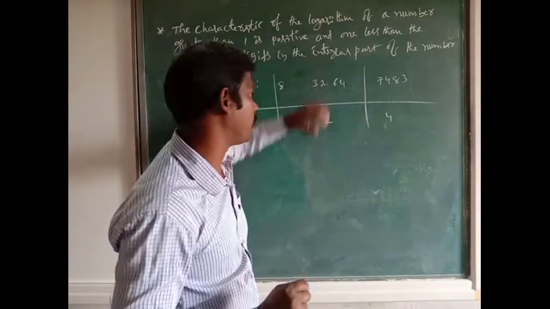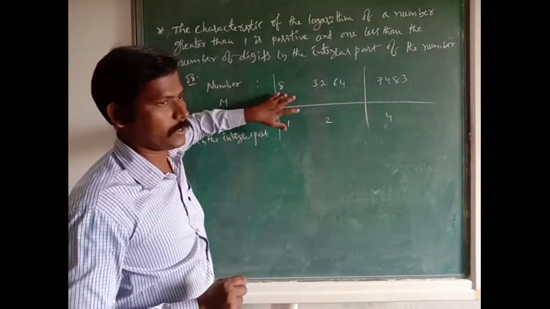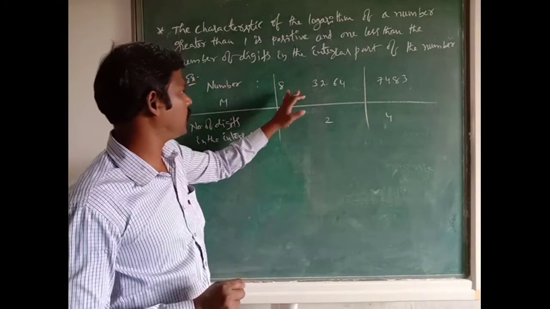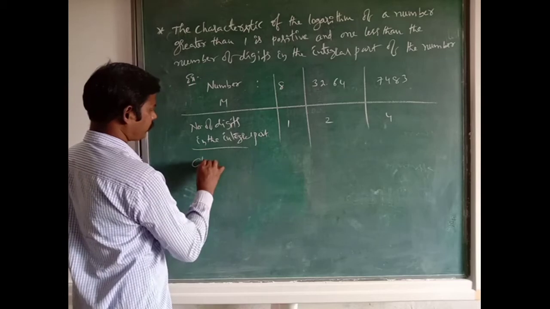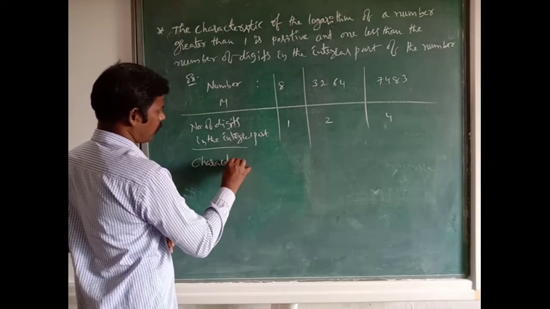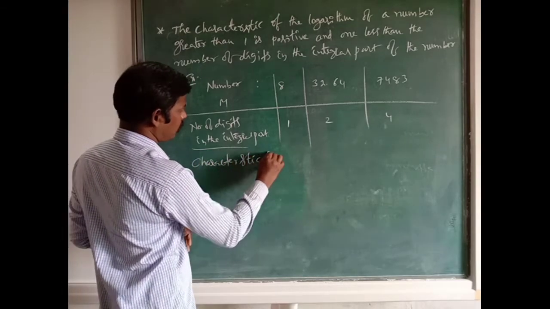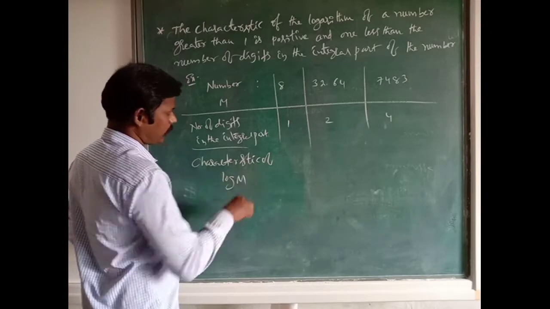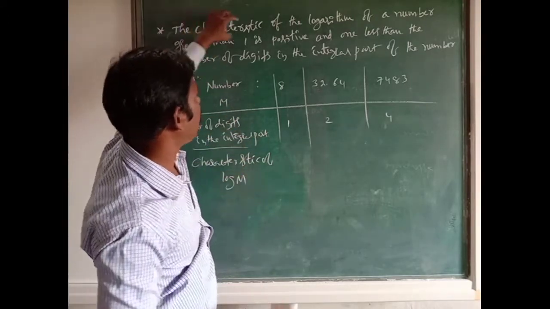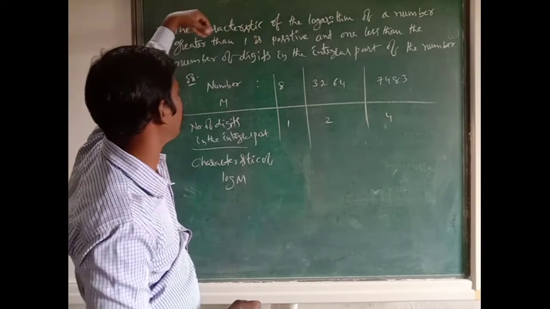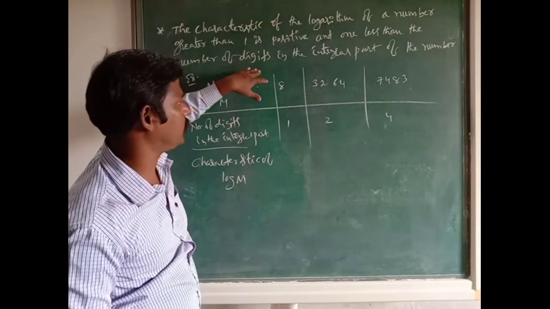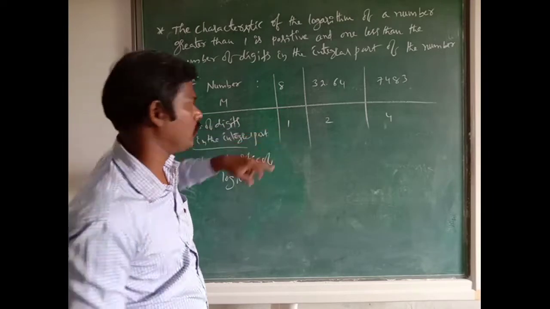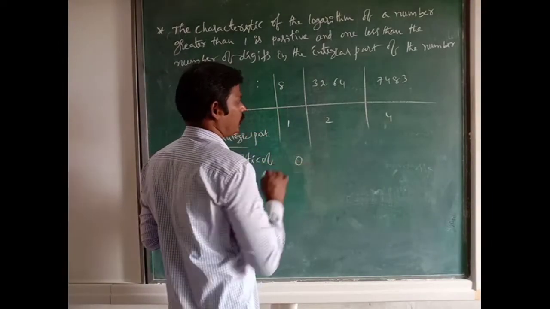Look at the example. If the number 8 is given, the number of digits in the integral part is 1. Now what is the characteristic? According to the definition, the characteristic of the logarithm of a number greater than 1 is positive and 1 less than the number of digits. The number of digits is 1, and 1 minus 1 is 0.